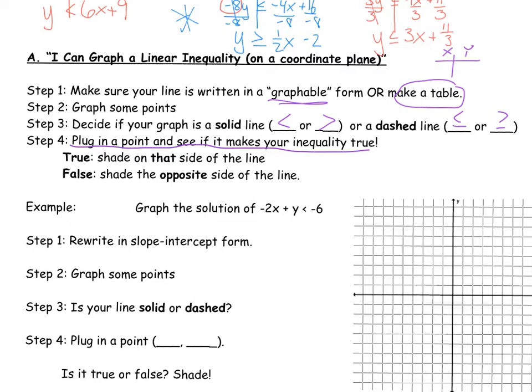Taking a look at this form, probably the easiest way to rewrite this is to add 2x. So y, and we didn't divide, is less than 2x minus 6. Let's graph some points. Our b is negative 6, so begin with the b.